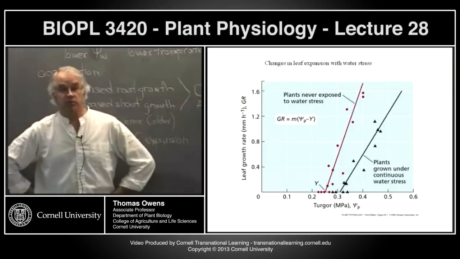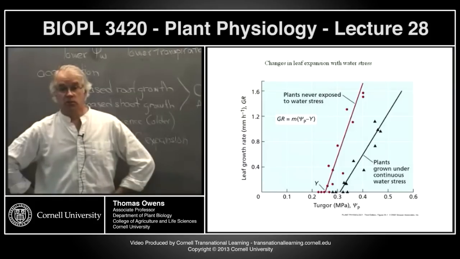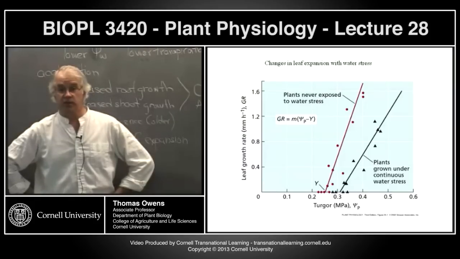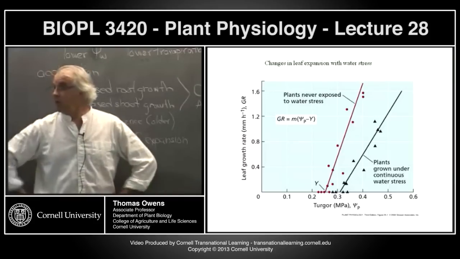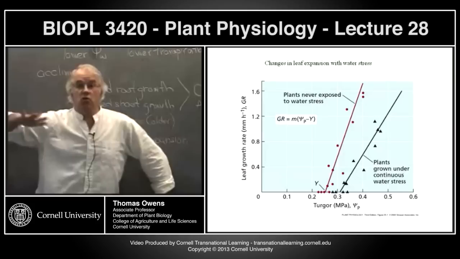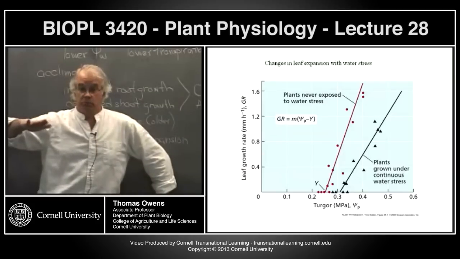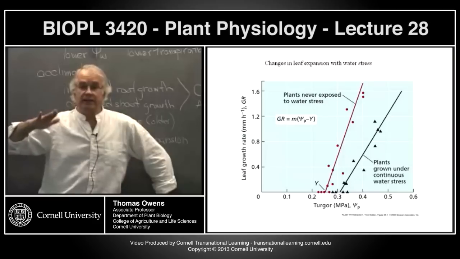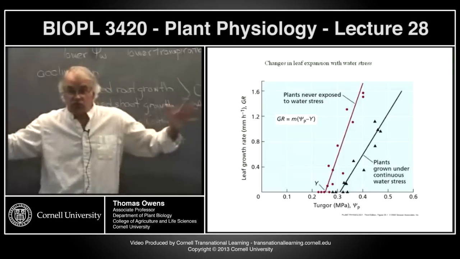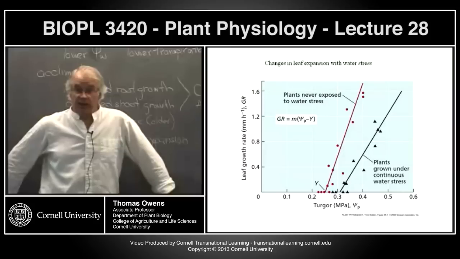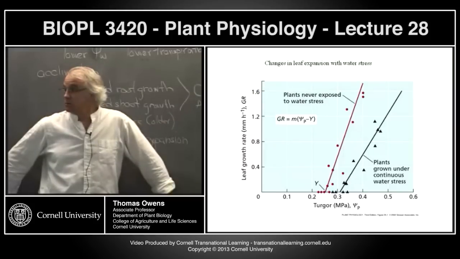So that's the minimum turgor pressure to allow cell expansion to happen. The term that the textbook used was the yield threshold. Right? When the turgor pressure is below that limit, the cell wall will not yield, will not stretch in response to turgor pressure.